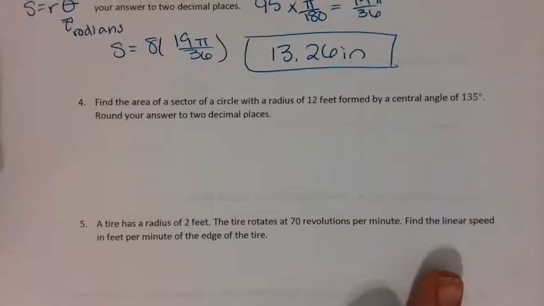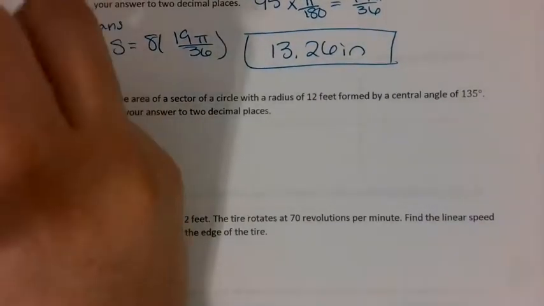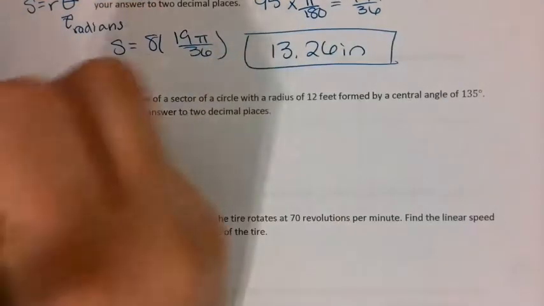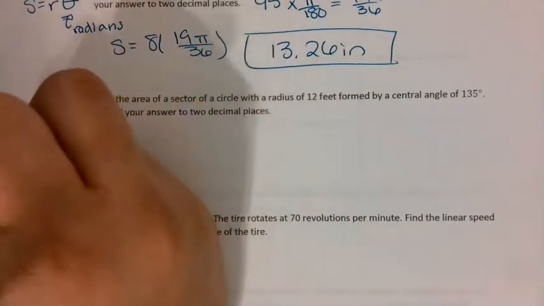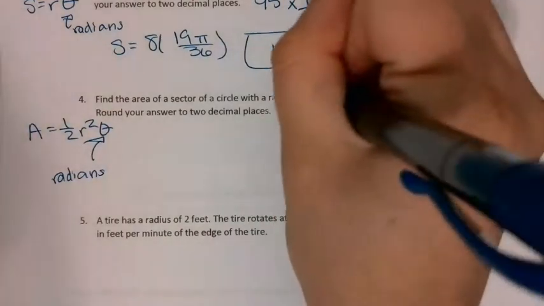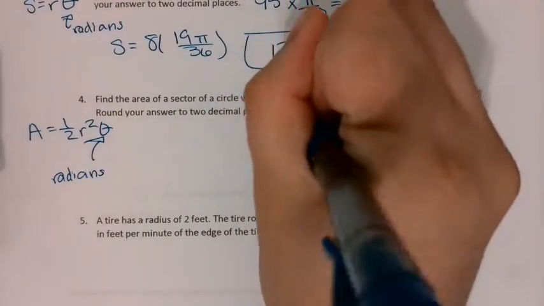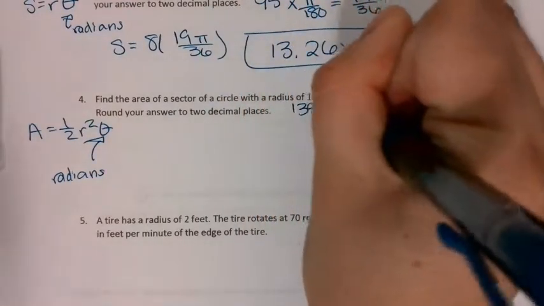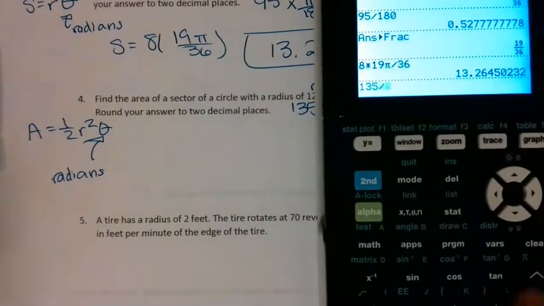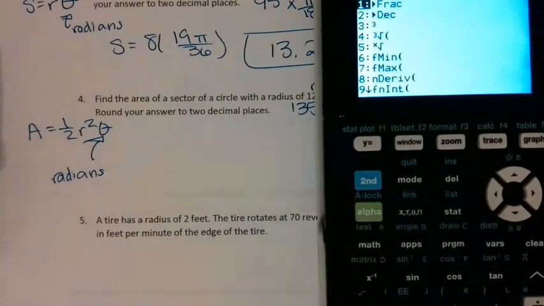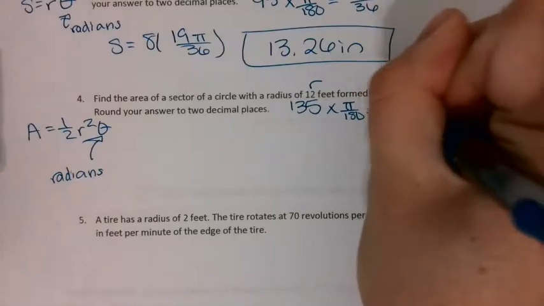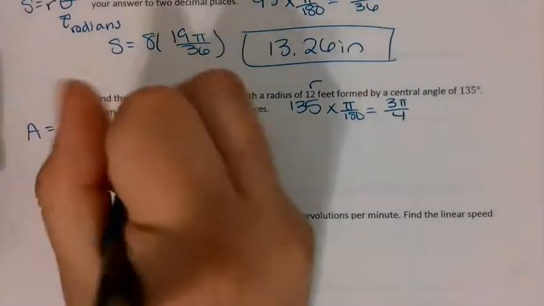Okay. Number 4 wants me to find the area of a sector. My formula for this is A equals 1/2 r squared theta. Again, theta is in radians. My radius here is 12, and I need to turn 135 into radians. So I multiply by pi over 180. 135 divided by 180, math fraction gives me 3/4. Okay, plug into my formula.